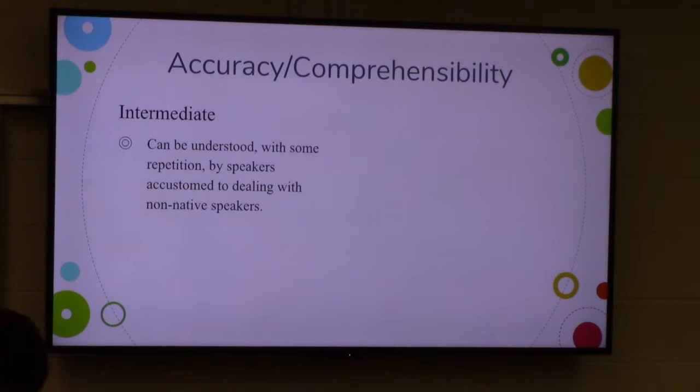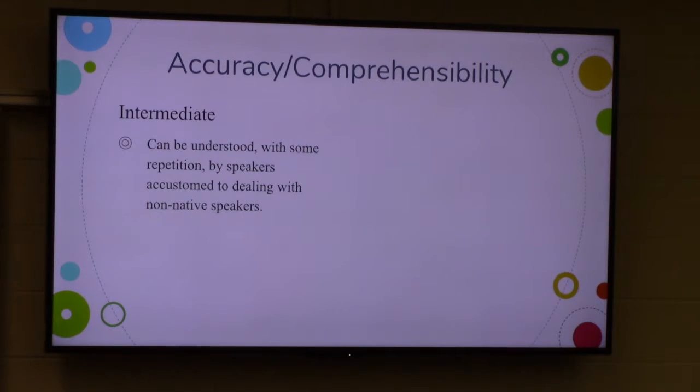So that makes sense. So intermediate level speakers can be understood by speakers who are used to dealing with non-native speakers. So who would be the ideal candidates falling in this category? Us.